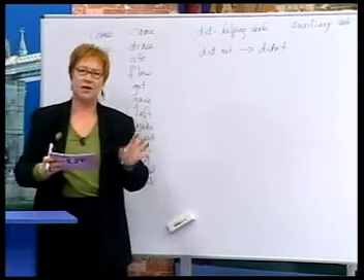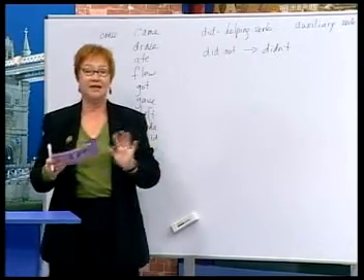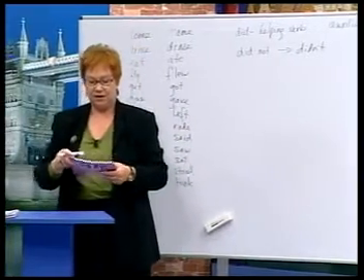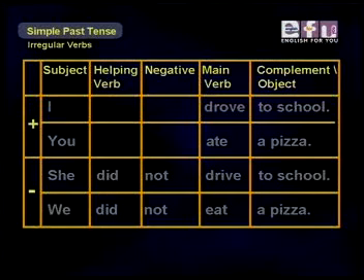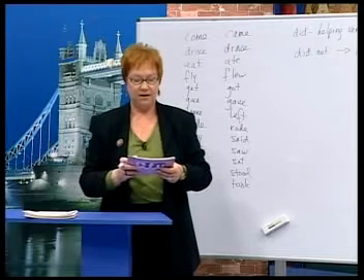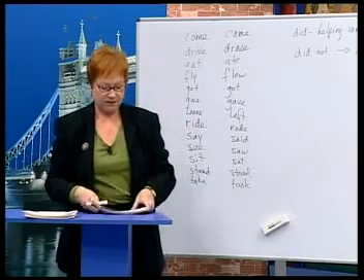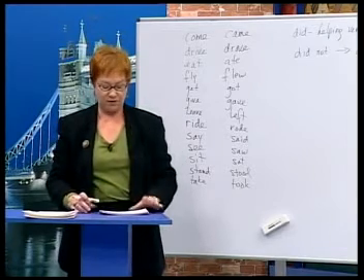And now, here's another chart, and you can see the difference. If you look at the chart, you can see the difference in the sentences. So, you see subject, helping verb, negative, main verb, and the complement or the object. Now, the first two are positive.